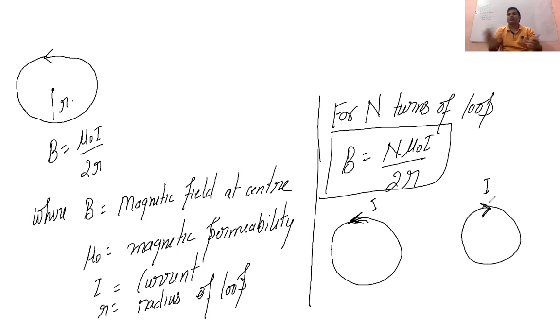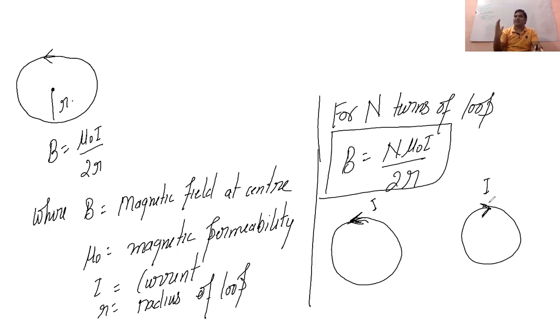Now the things will be reversed. Now the curled fingers represent the direction of current, and the thumb represents the direction of magnetic field. Using the right hand rule, we curl our fingers in the direction of current, and the direction of the thumb represents the direction of magnetic field.